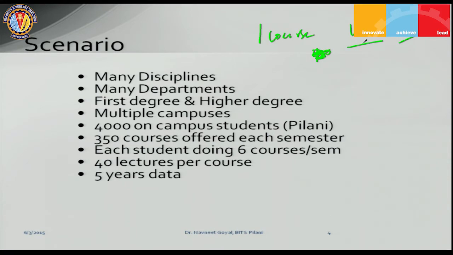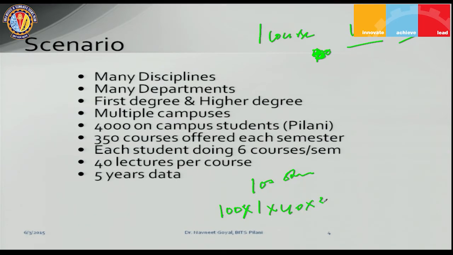So one course has 40 lectures, and 350 courses are offered. Suppose there are 100 students registered in a course. In one course, how many records would be generated for attendance? 100 students for one lecture, they would come once. For 40 lectures, they would come 40 times. So this is for a course.